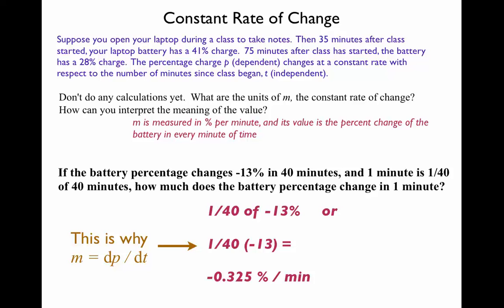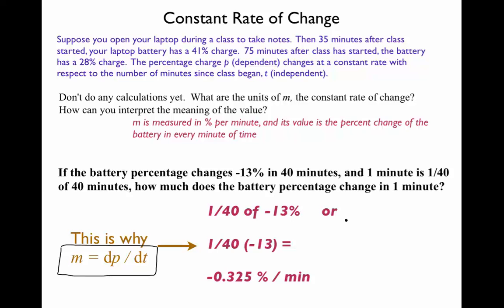Okay, any questions on what happened on the screen? So now we're getting at the idea that M is dP over dt. And we just kind of reasoned out why M is dP over dt.